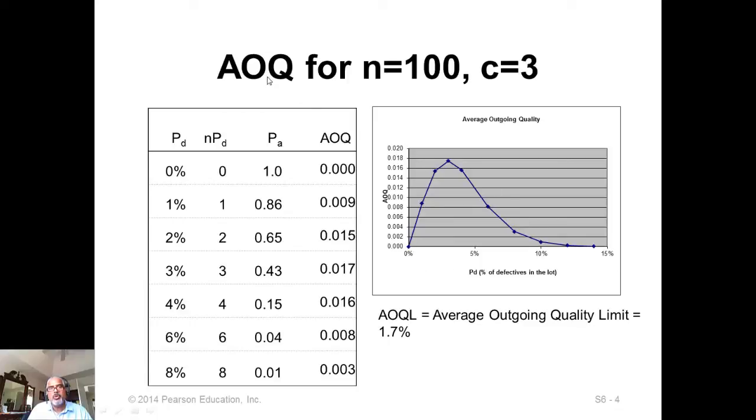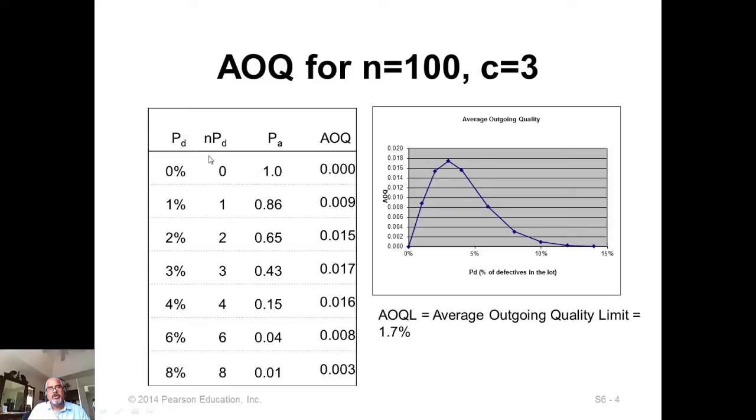The AOQ, the average percentage of defective parts that will get through, will climb as P sub D increases, but beyond a certain level, more and more of the lots will get rejected and subjected to 100% inspection. So the average percentage of defective parts getting through will start to decline.